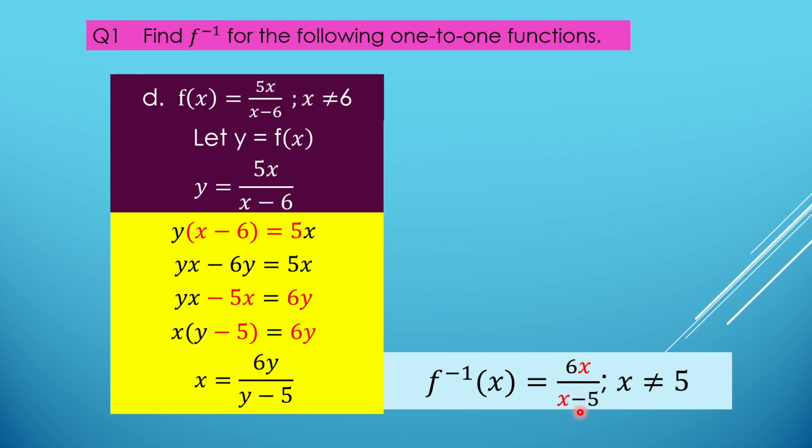Remember, if you forget to change it to x, then you might lose points. So the final answer of inverse of f equals 6x over x minus 5. And remember, here we have to write the remark, x not equals to 5.